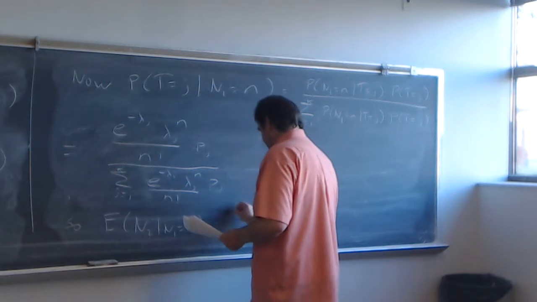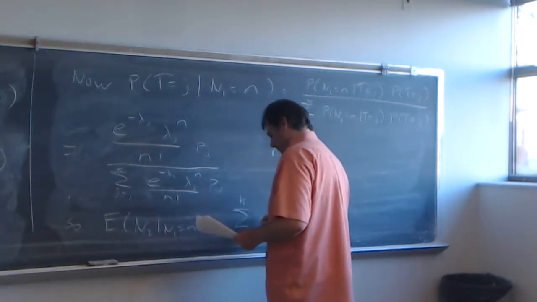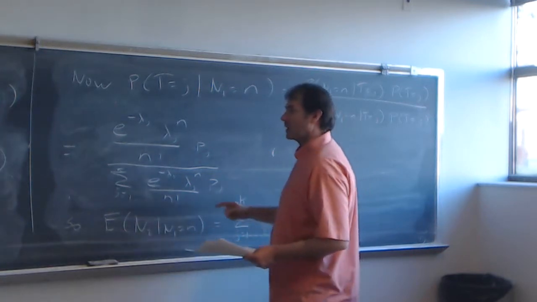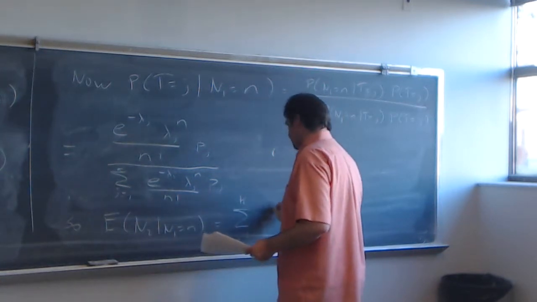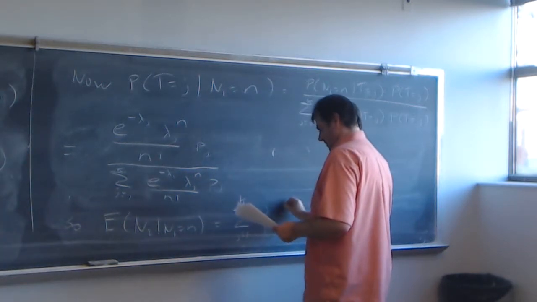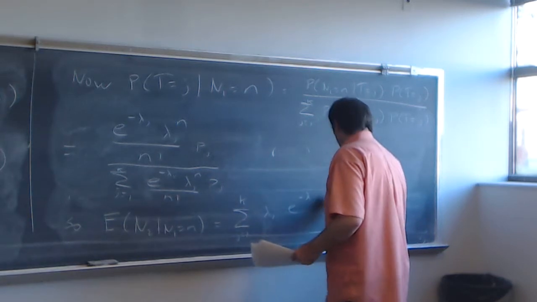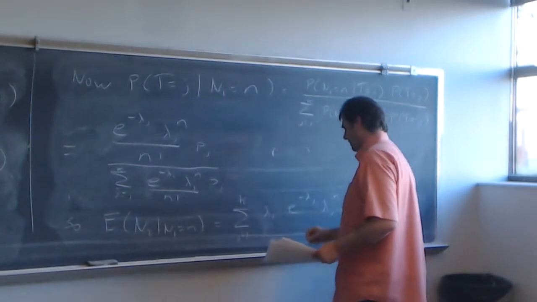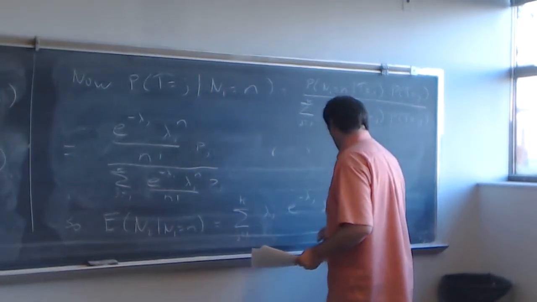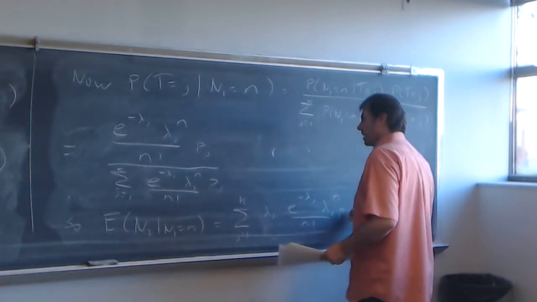That's equal to the sum as j runs from 1 to k of lambda sub j, then e to the minus lambda sub j, lambda sub j raised to the n, all over n factorial, times p sub j.